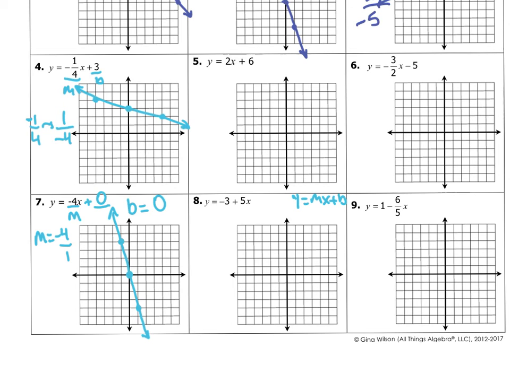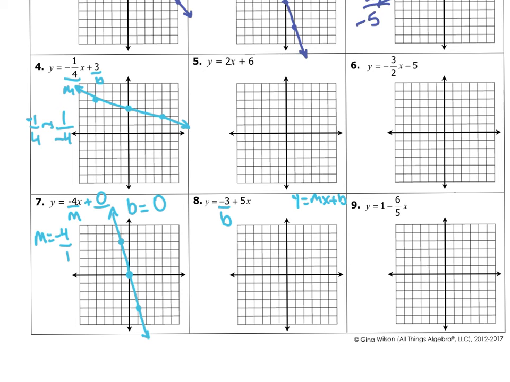It doesn't mean that negative 3 is going to be your m and positive 5 is your b. That's not how this works. The constant, or the number without a variable, is always going to be your y-intercept. So even if negative 3 comes before that 5x, it's going to be my y-intercept because it is the constant. It's something that doesn't change.